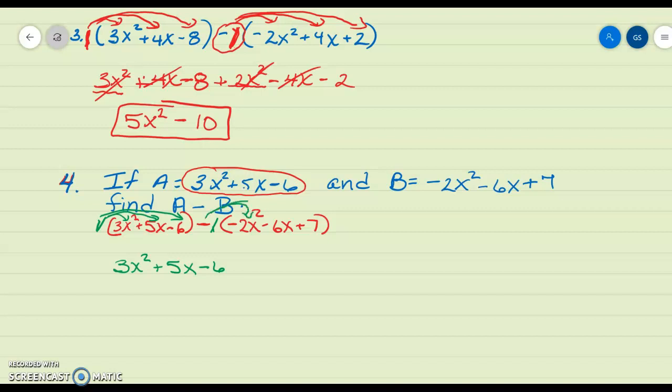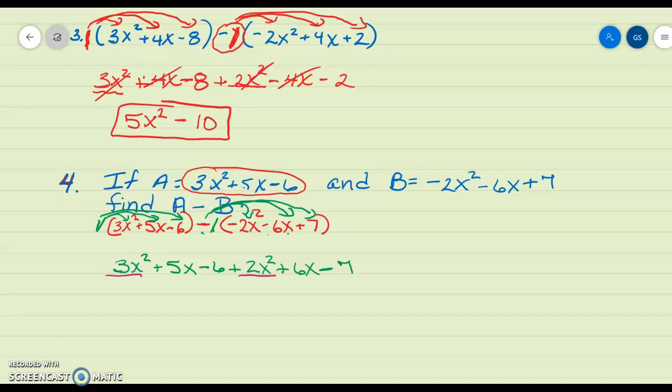So negative 1. Okay, negative 1 times negative 2 is positive 2x. Negative 1 times negative 6 is positive 6x. And negative 1 times 7 is negative 7. Oh, I'm sorry. I'm going to go back. Negative 1 times negative 2 is 2x squared. Sorry about that.